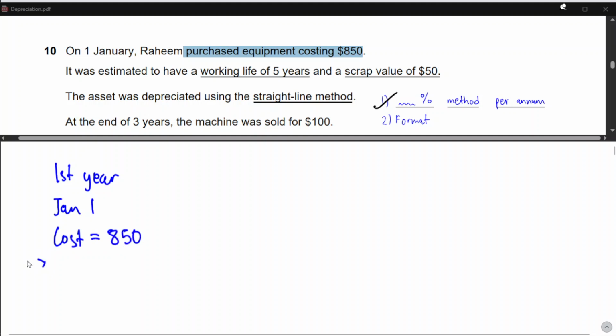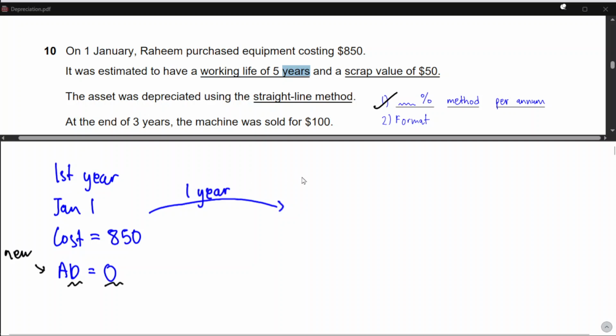When it is new, depreciation equals 0. Then let's see the first year. From here to here, this one is 1 year.